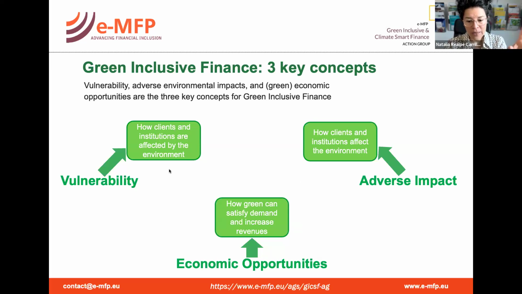Here in green inclusive finance, vulnerability relates to how the clients and also the institution are affected by the environment, or by poor infrastructure or conditions that are not helping in the adaptation or resilience of the institution. So let's have the topic here: vulnerability. How are clients and the institution affected?